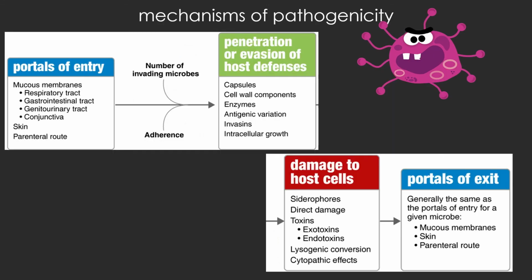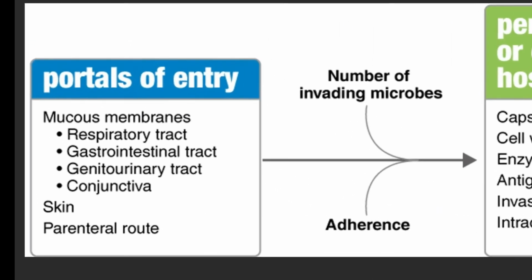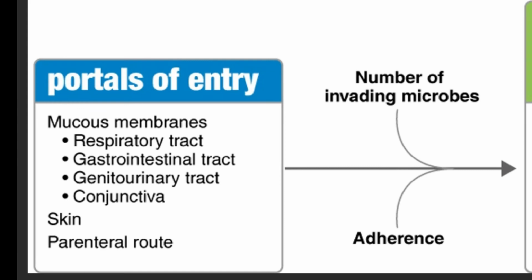So as a recap, pathogenicity, microbial pathophysiology begins with entry, right? And you don't just have to be exposed, you have to be exposed in the right way to the right place, meaning the proper portal of entry, which remember from our discussion earlier in this chapter, the respiratory tract is the most preferred portal of entry.